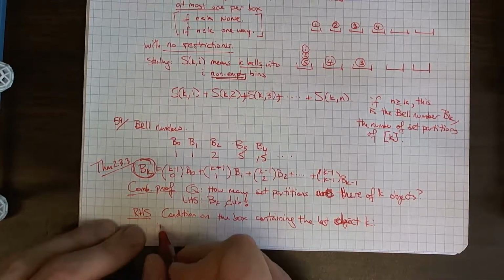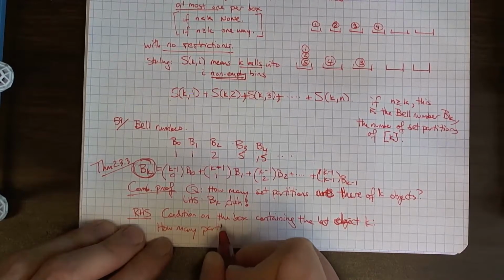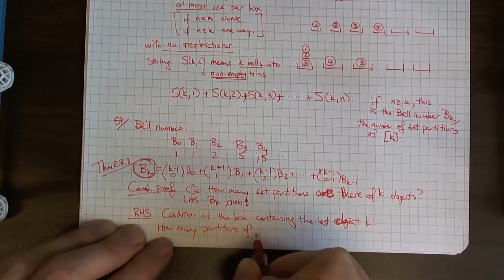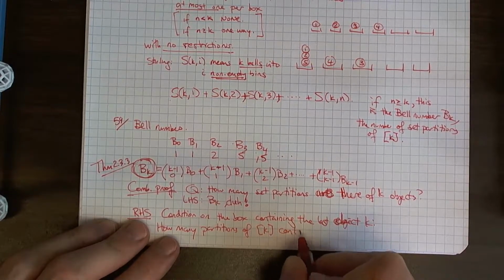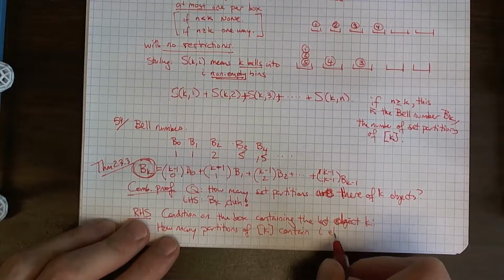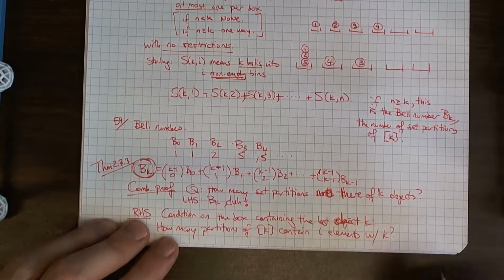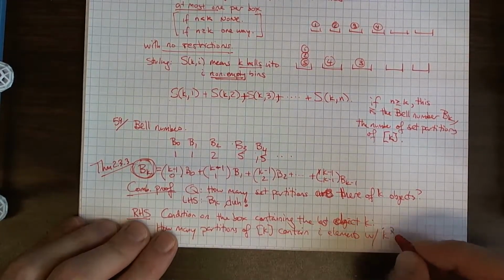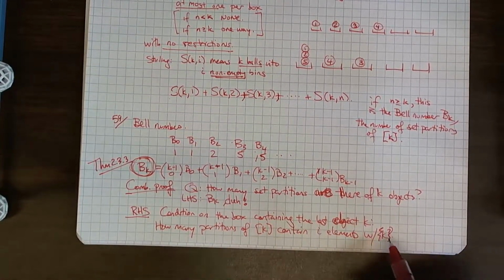So how many partitions of bracket k are there that contain i elements with this element k? Well, it's possible that k is all by itself.